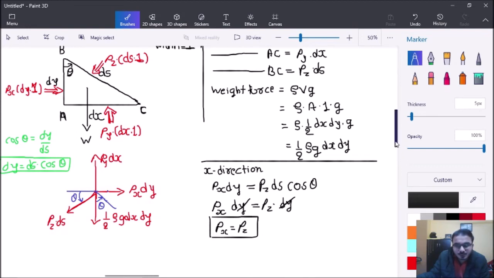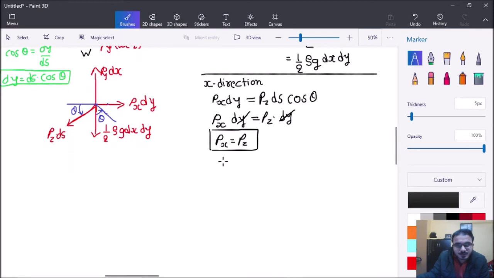Now we will calculate the same thing for y direction.